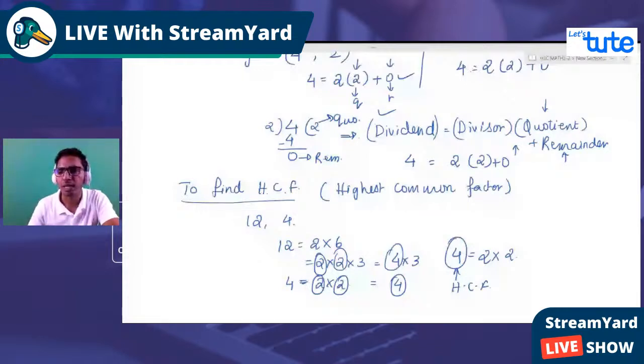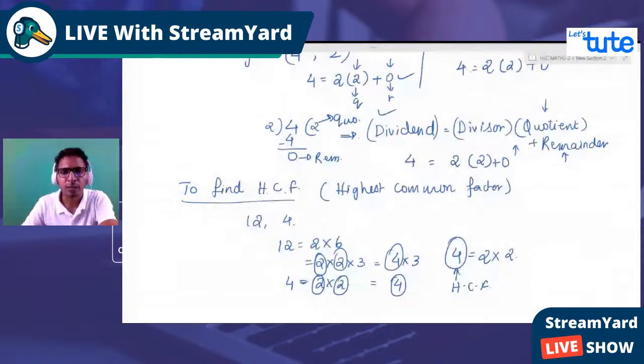Let me take some examples. Suppose I want the HCF between, say, 4052 and 12576, or let me take simpler numbers, so that we can understand first, then we can go for the higher examples.